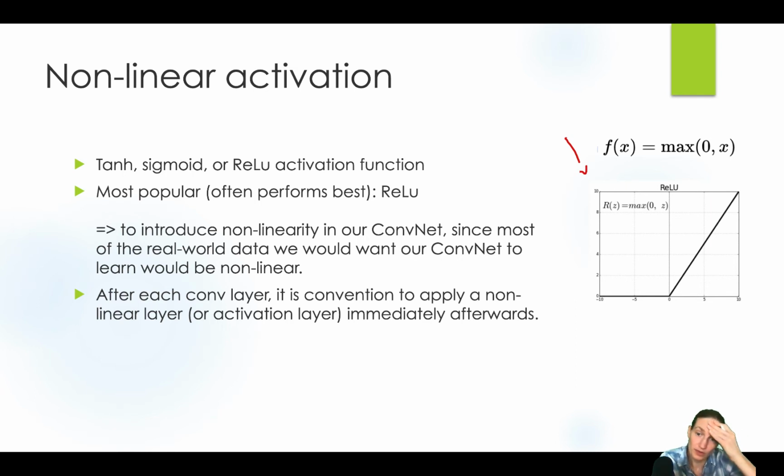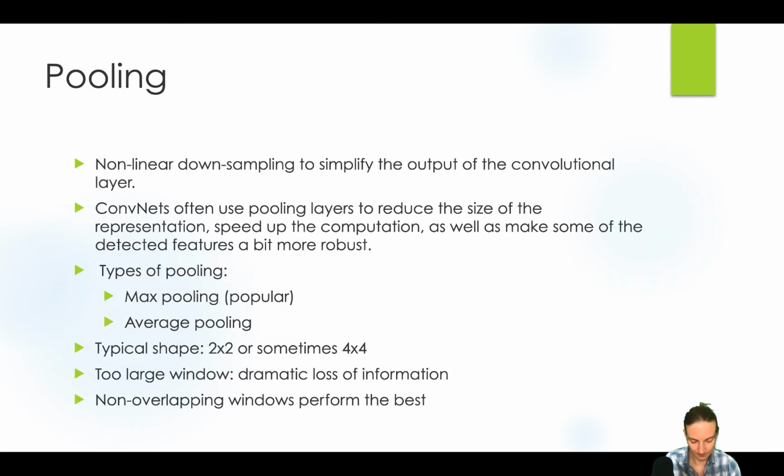Now, we really want our neural network to be non-linear. This is the whole point of using something as complex as neural networks, because then we're able to capture real-world data. Okay. So after each convolutional layer, we apply an activation layer immediately. Okay.